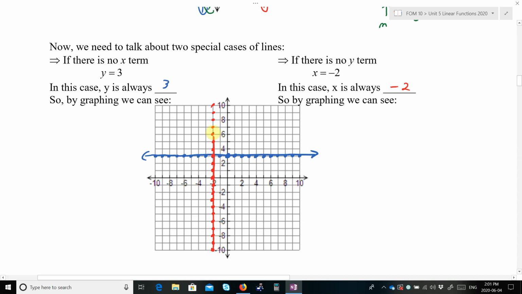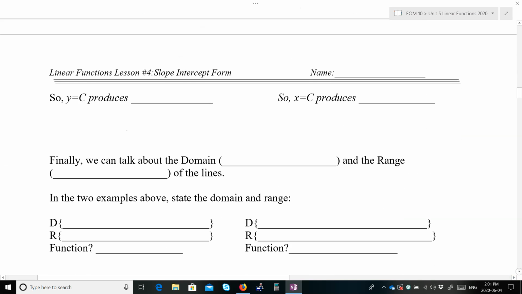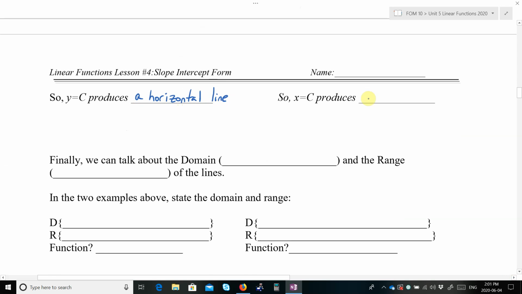And it makes a vertical line. Okay, so y equals c produces a horizontal line. And so x equals c produces a vertical line.